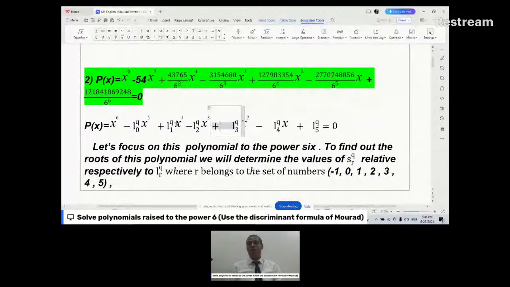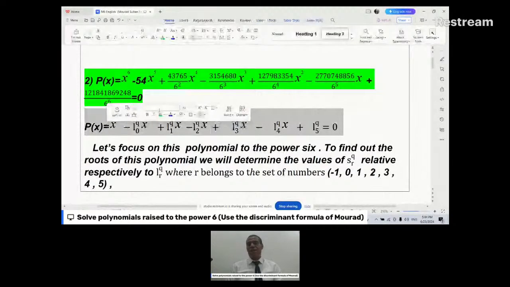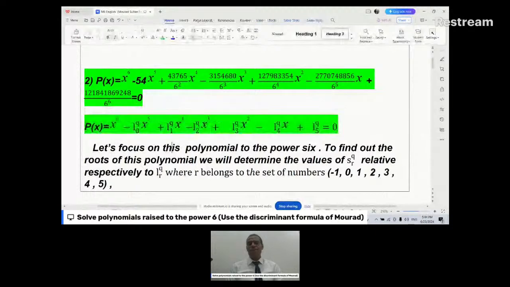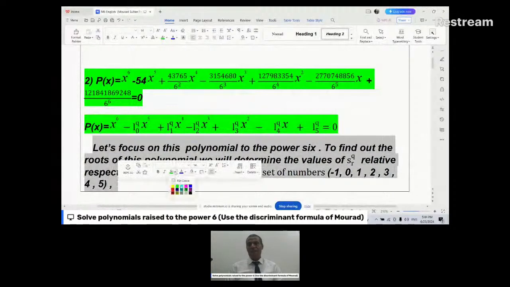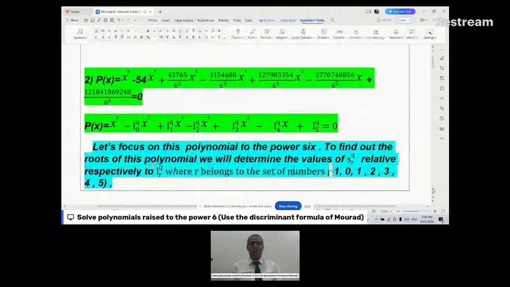So let's start learners. I will start solving. You can see that the highest power of this polynomial is clearly 6.